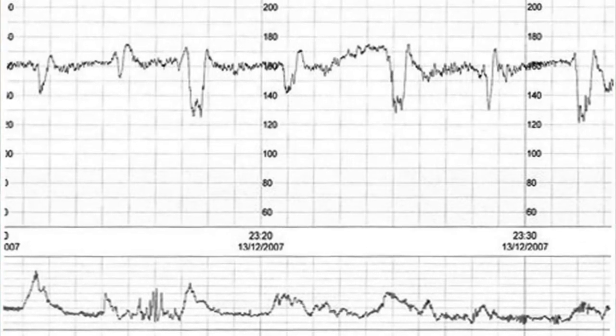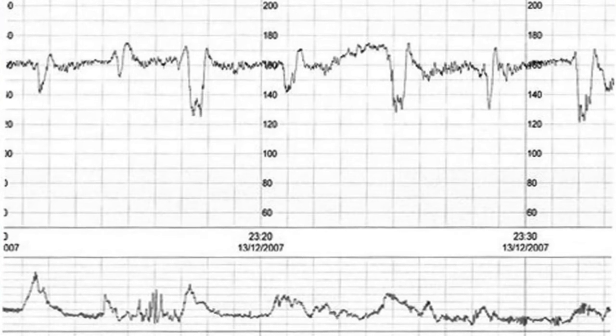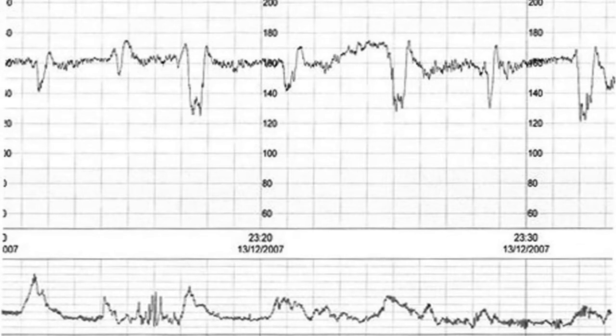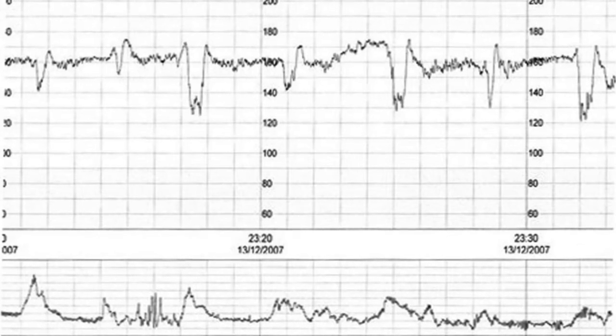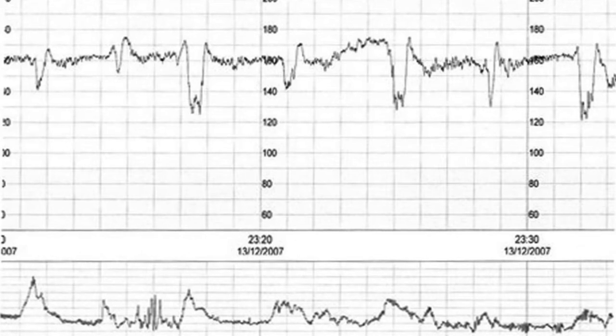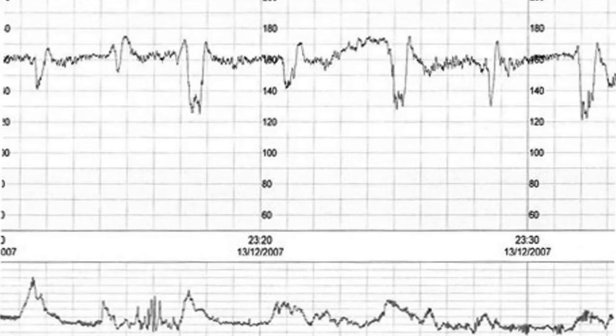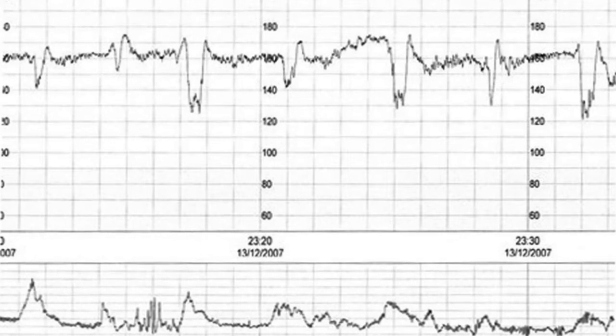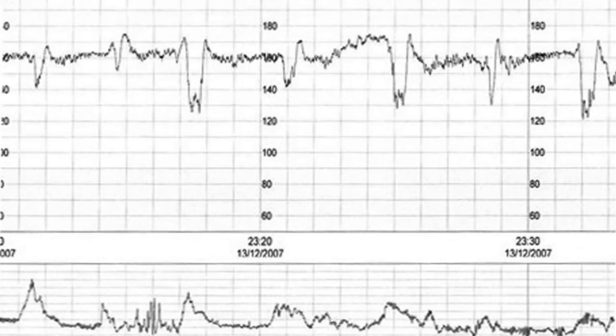You can see that the variable deceleration curve is biphasic or W-shaped, and there is shouldering of the heart rate before the beginning of the deceleration and after the end of the deceleration. There is shouldering, a slight increase in the heart rate of the baby, and this is a good sign.